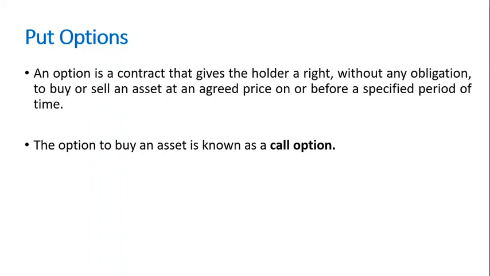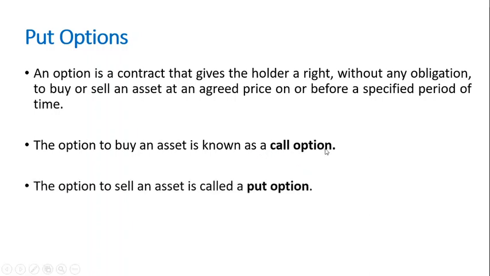If a buyer has a right to buy an asset, that is called a call option, which we discussed in the previous session. And if a buyer has a choice of selling an asset, then that choice which a person is buying is called a put option.